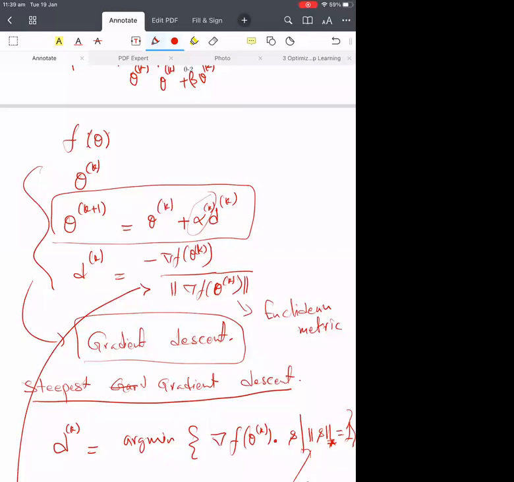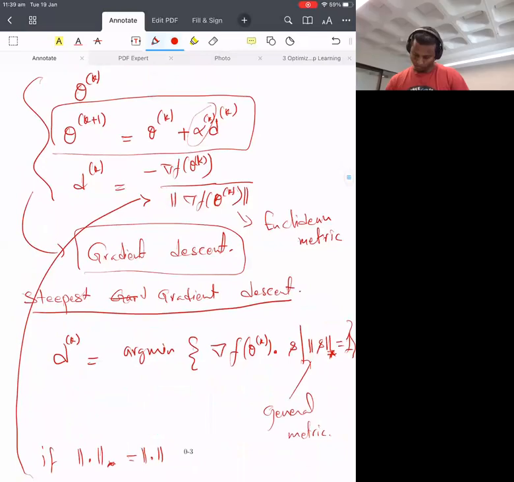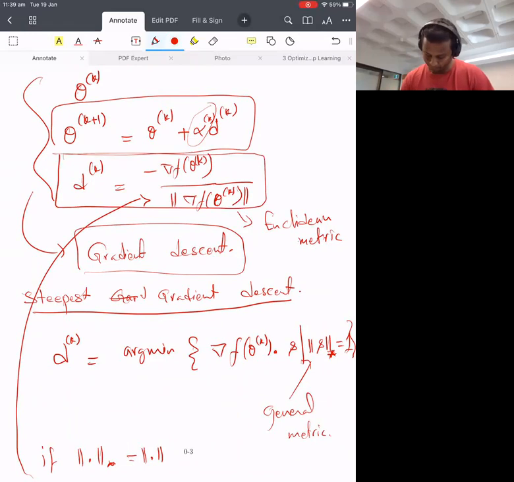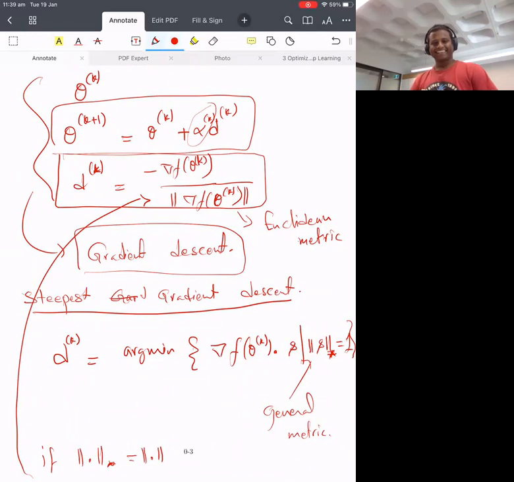Are you not defining alpha immediately below that as the negative gradient normalized? This one? Yeah, this is the d. Oh, sorry, I couldn't read. Yeah, that makes much more sense. Thank you. Yeah, this is the direction we take in gradient descent. So in gradient descent, the direction is unit length. Then alpha decides what the step size is.